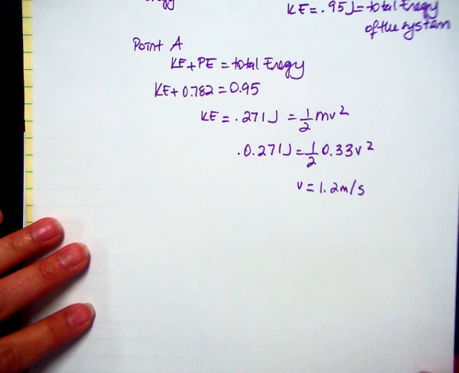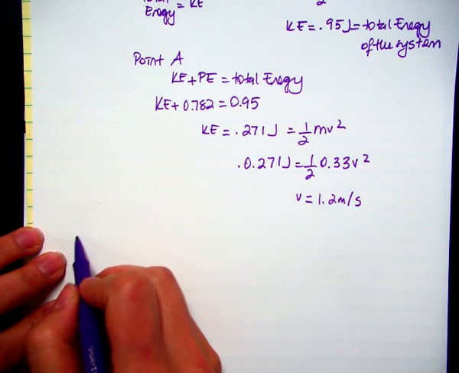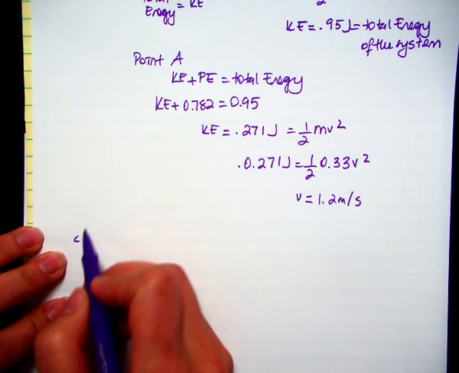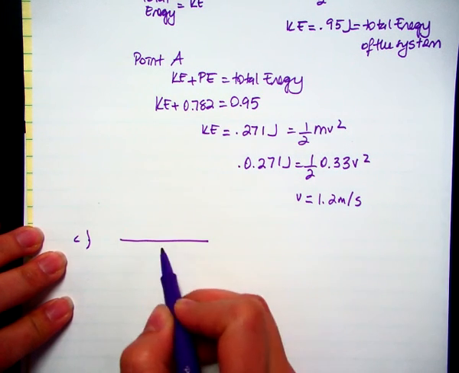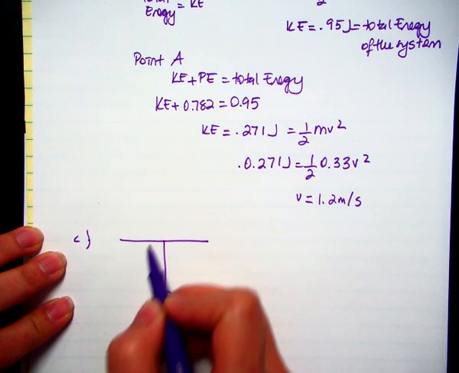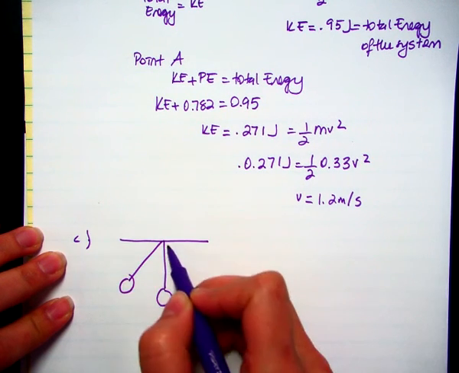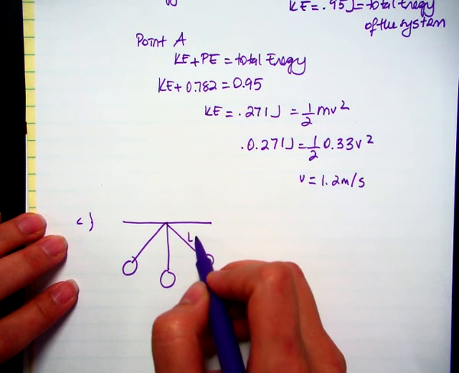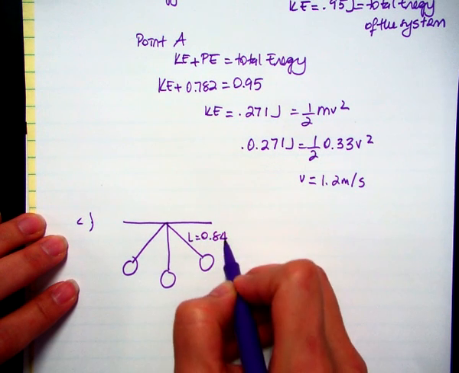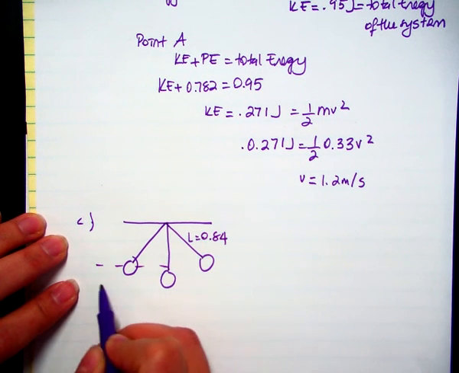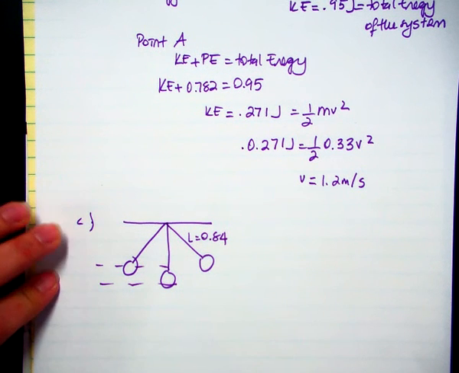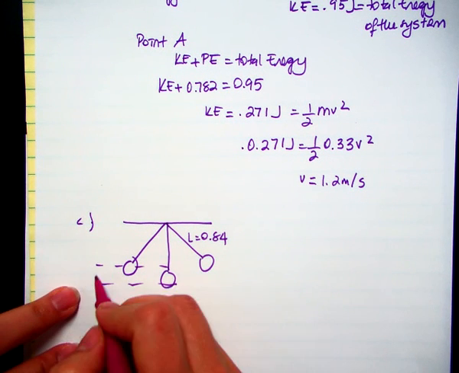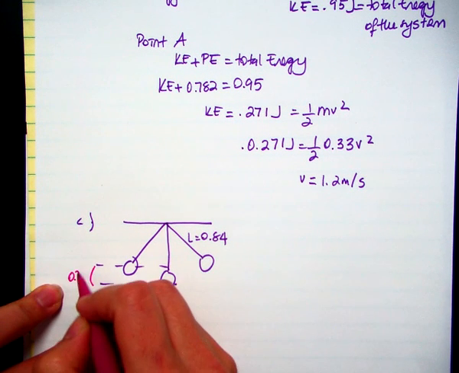Now, the last part is C. For C, we're going to use trig functions a little bit. So remember, we said the length is 0.84, and it is moving up 0.21 meters. So this is 0.21 meters.